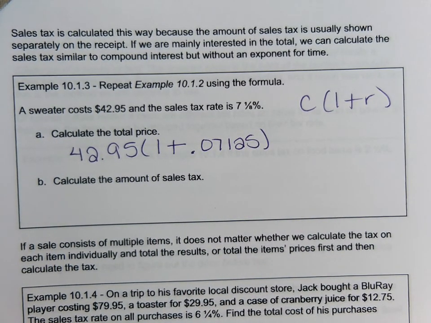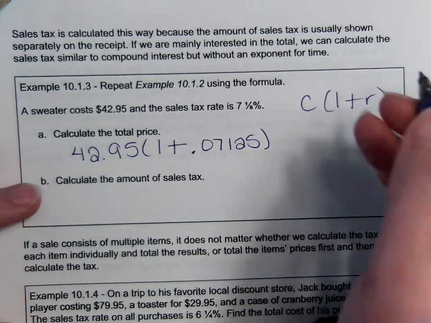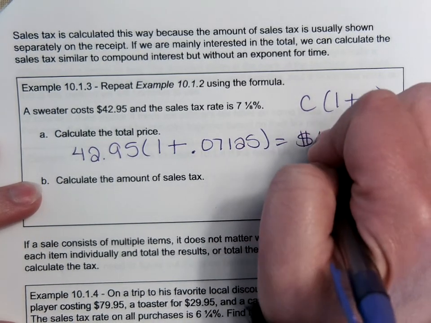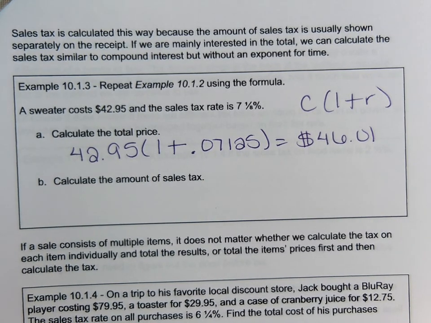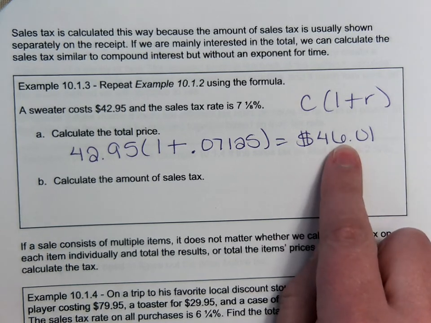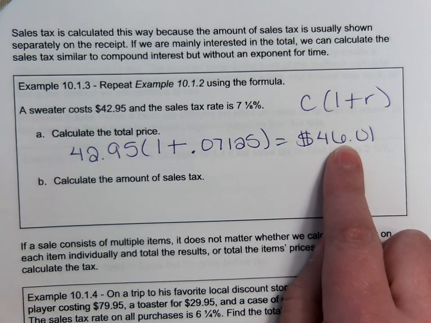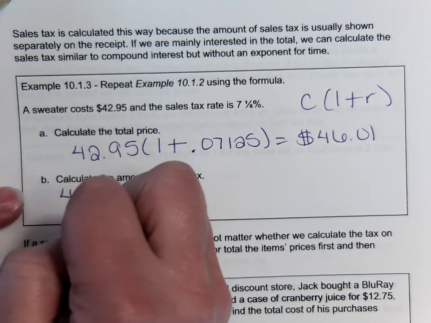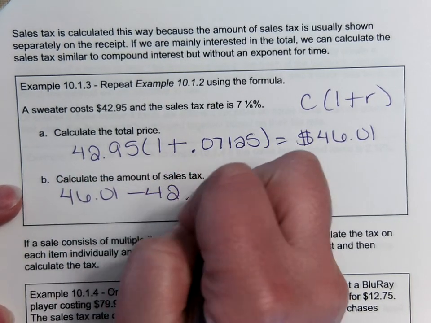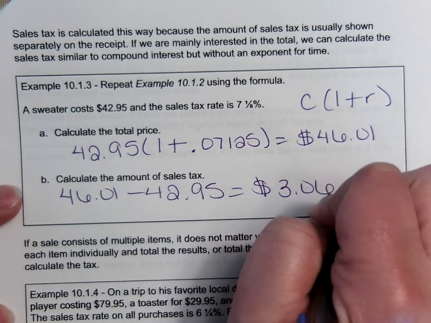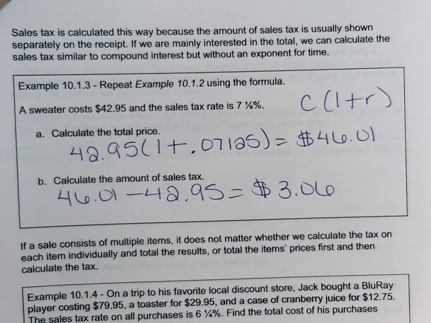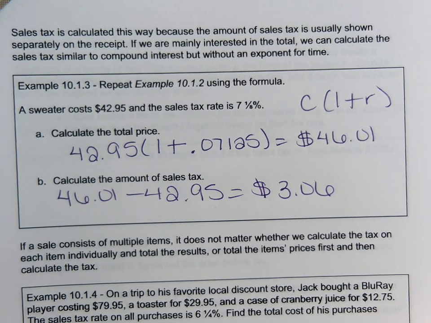No exponent because it's not over time, and that gives us the 46.01 straight away. And then if we wanted to find the sales tax off of that, we just take the final price and subtract the actual price of the sweater, and that will give us our sales tax, which again is the $3.06. We're just finding it in a different route. Depending on which one is asked first, depends on which method you use.